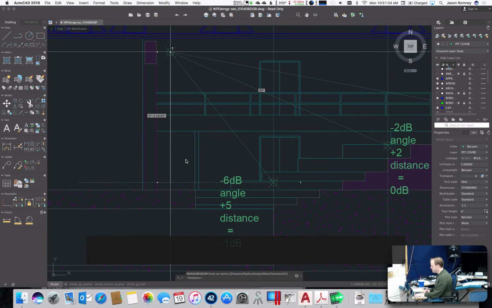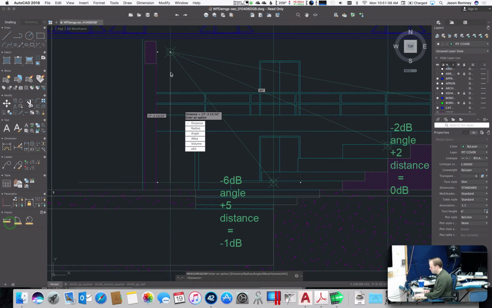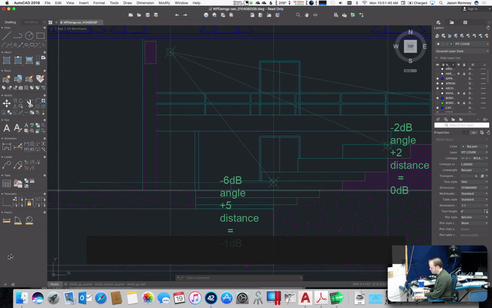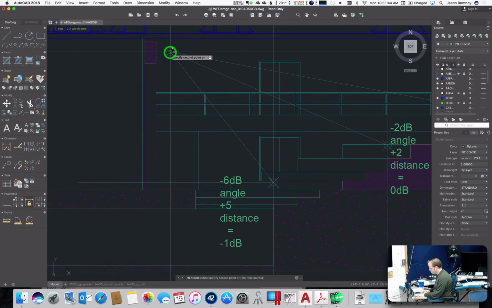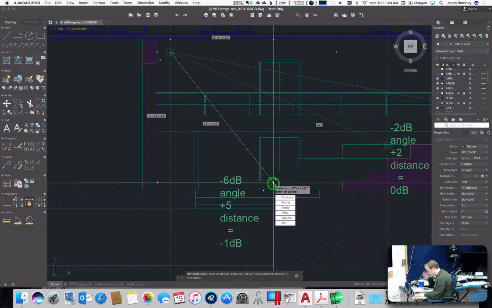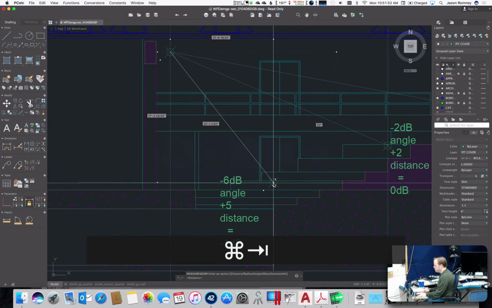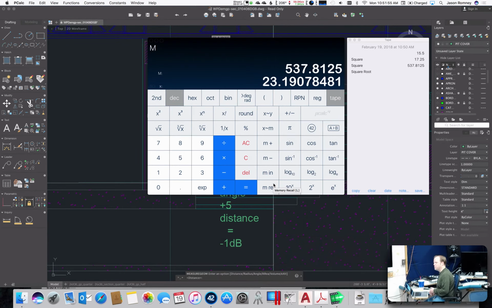Anybody remember what the distance to the center front row was? Anybody wrote that down? 22 feet, yep. So we're talking about the dB difference between 22 feet and 23 feet.